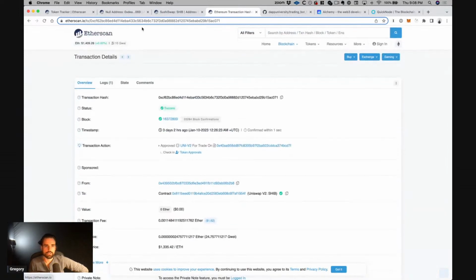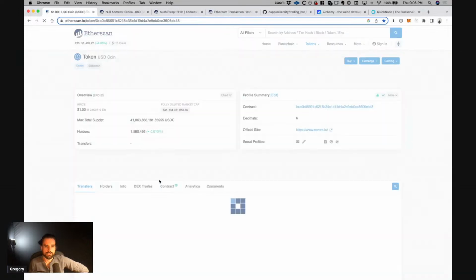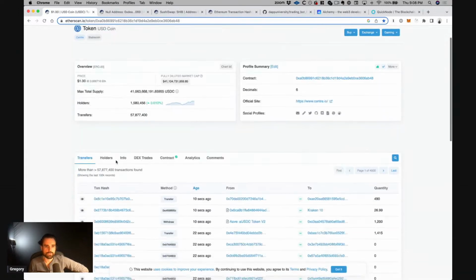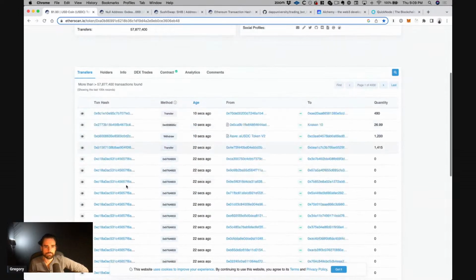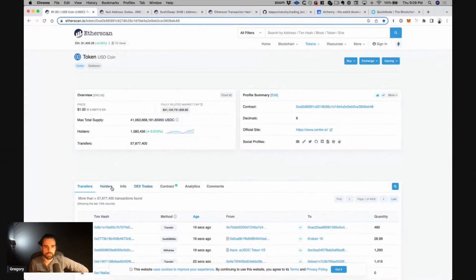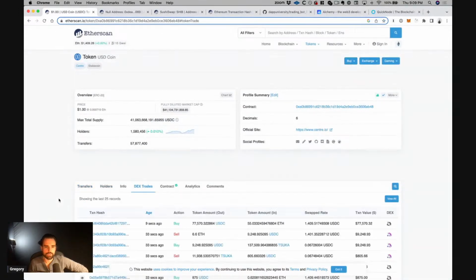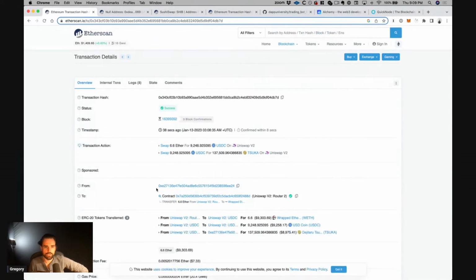Let's just look at the ERC20 token tracker. Let's look at USDC. Let's look at, hold on, DEX trades. That's a pretty good one. So here's a Uniswap version 2 DEX trade. Boom, there you go. Sell.